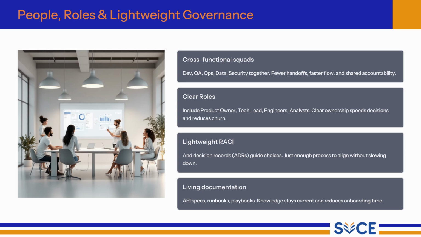Living documentation: API specs, runbooks, playbooks. Knowledge stays current and reduces onboarding time. Living documentation is like a GPS, always updated, easy to follow, and saves new people from getting lost. Docs that live, teams that move.